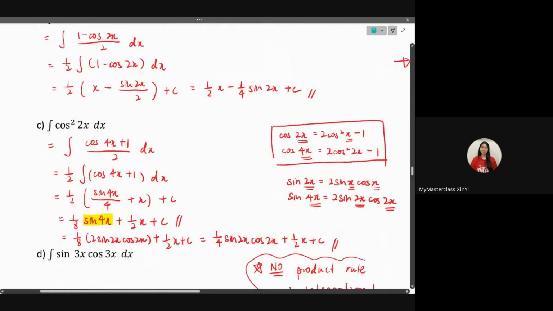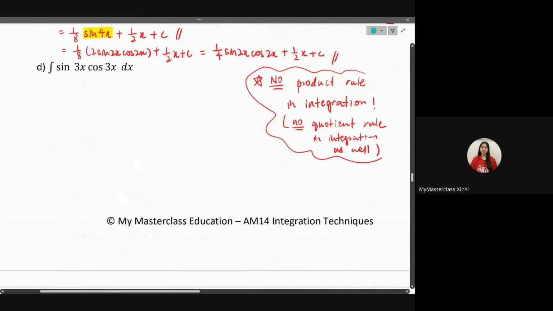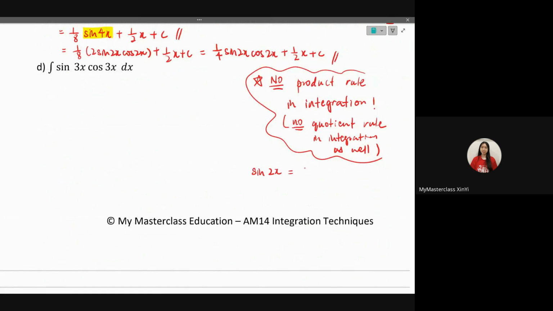Using the double angle formula, I have sine 2x equals 2 sine x cosine x. So deriving from this, if I have sine x cosine x, this will be equal to sine 2x divided by 2.